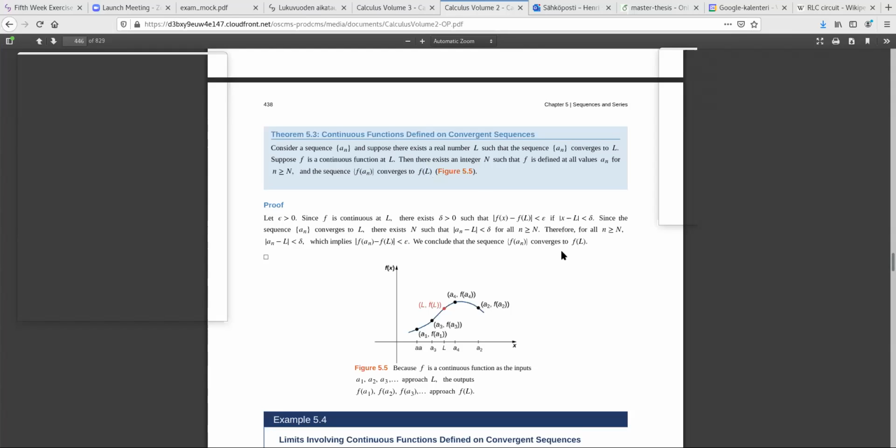The other thing that could be said is that for every sequence that converges to L, where f is defined at all values of a_n, if f(a_n) converges to f(L) for all these sequences, then f is continuous at L. So it's stronger than just saying that if a sequence converges to L and f is continuous, then the sequence f(a_n) converges to f(L).